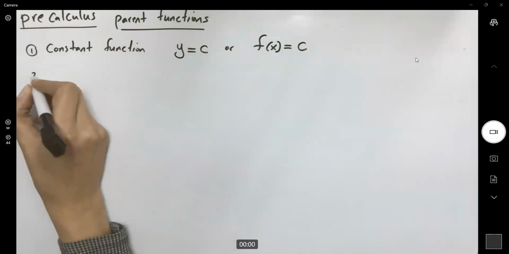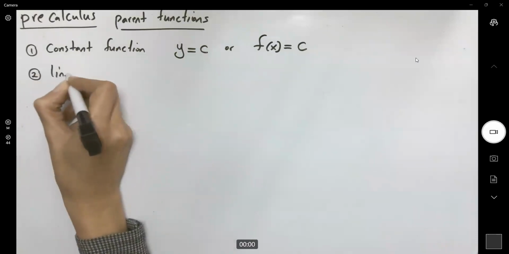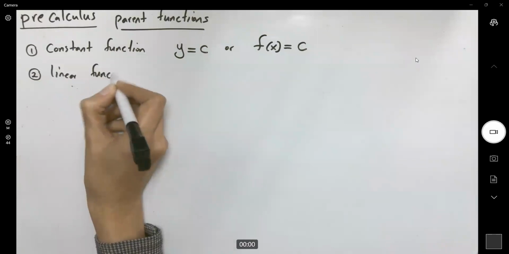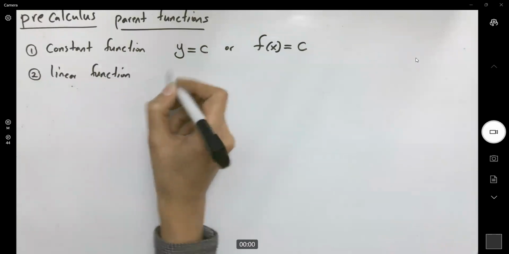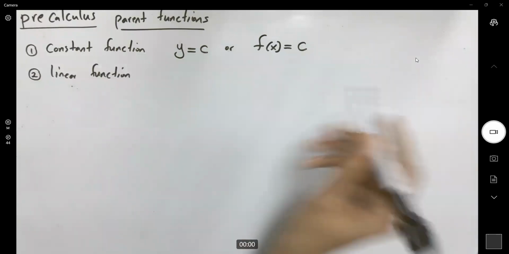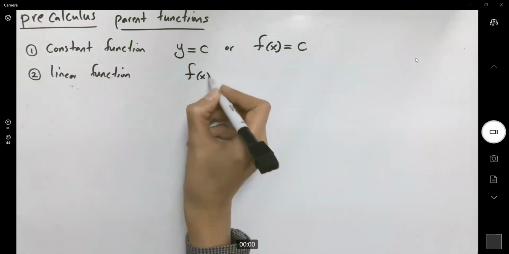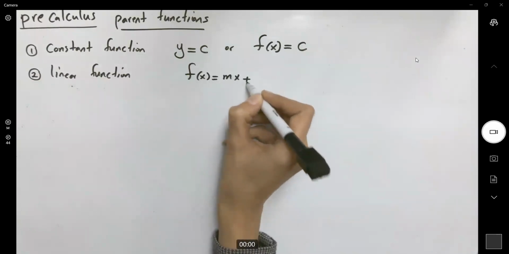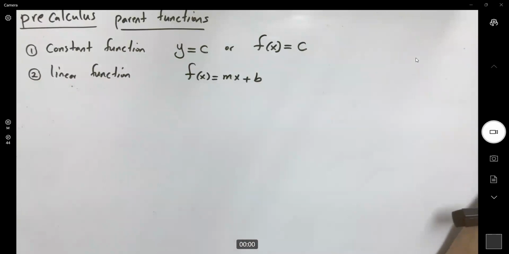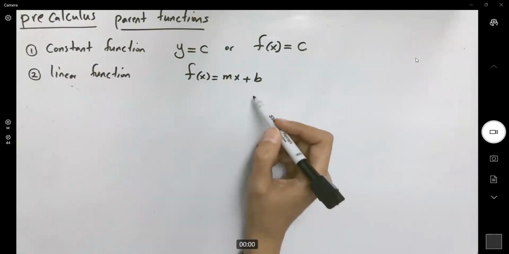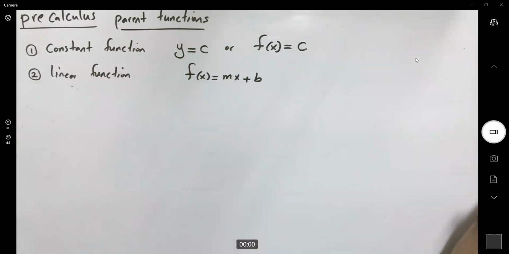The second one is the linear function. For a linear function, y equals mx plus b, or in general, f of x is mx plus b. You have a line, either an increasing line or a decreasing line, or you have a flat line.